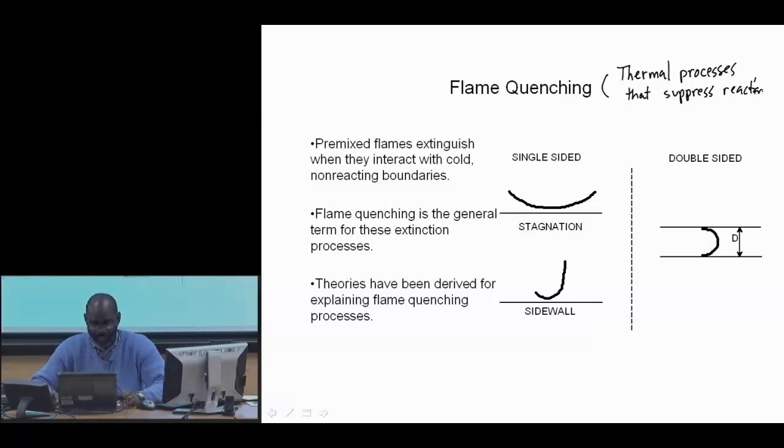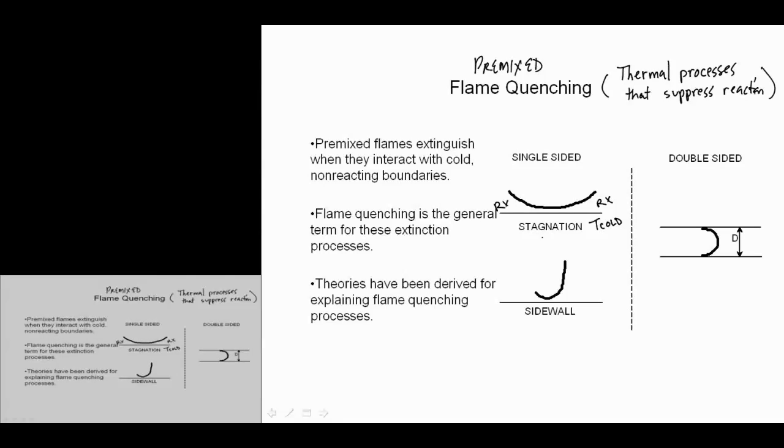But for premixed flames, imagine that you have a cold wall, and you have, again, reactants, fuel and oxidant near that wall. This flame wants to propagate all the way into that wall. If this wall were adiabatic, if this wall were hot, the flame would easily propagate all the way to the wall, consume everything there. If this wall is cold, the nature of the reaction is that you have to have high enough temperature to overcome this activation energy barrier to allow for the flame and the reactions to continue.